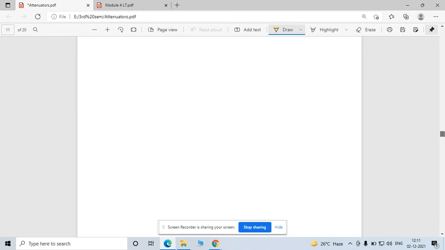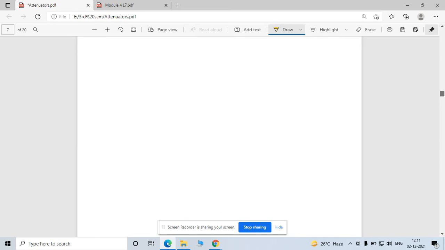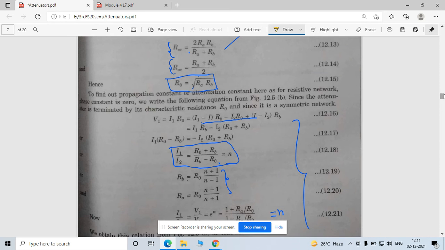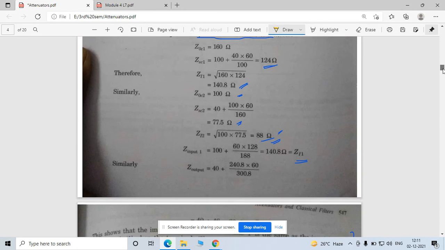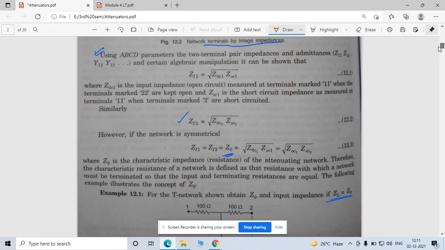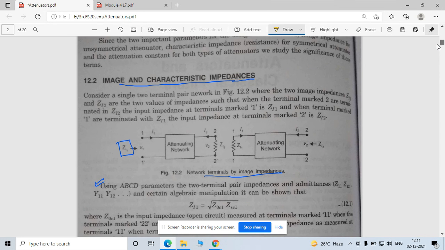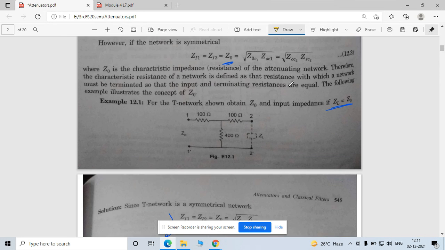See here. Now see, this is the image impedance for this pi type of network, right?